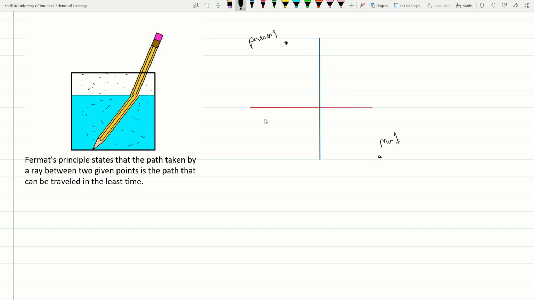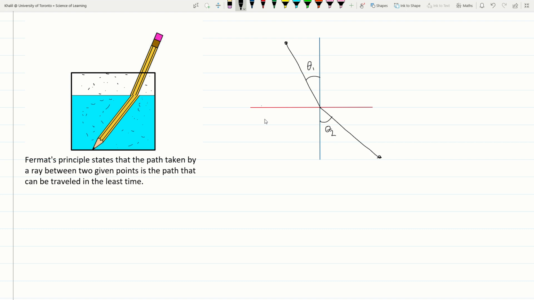That might be too long of a path, and going straight means you travel too long through the mud. But coming down here and then going straight over to the mud and sort of creating these two different angles might be fastest. And in fact, that's what we see with light.